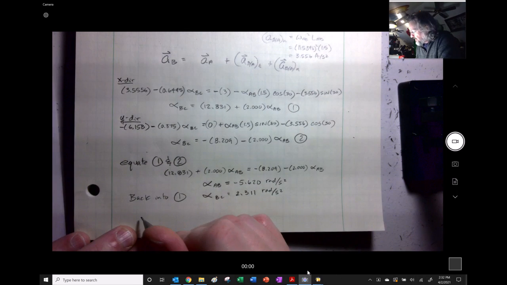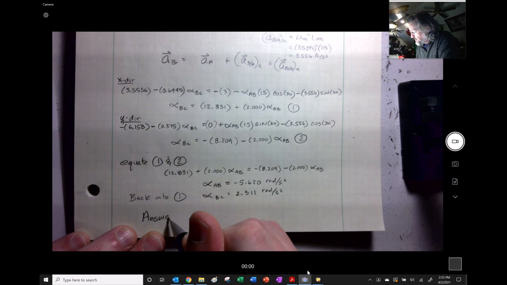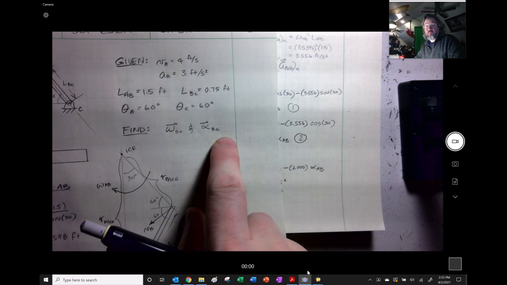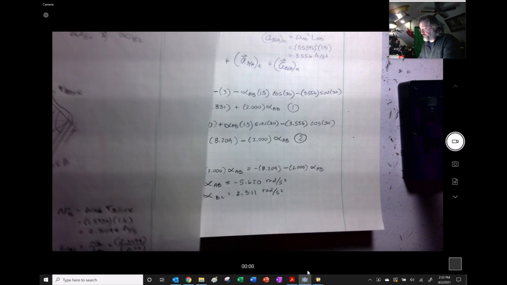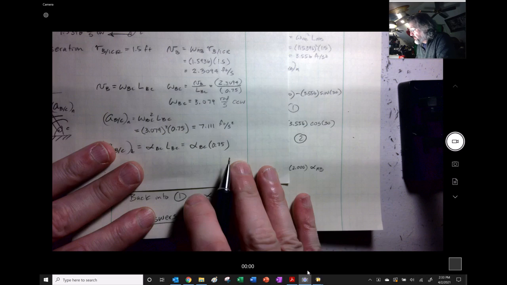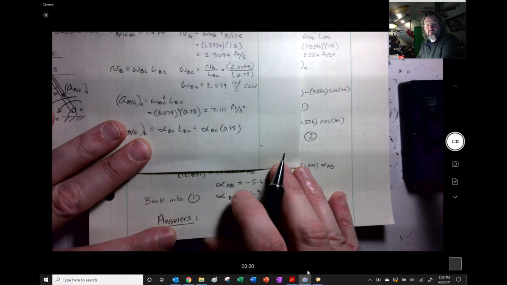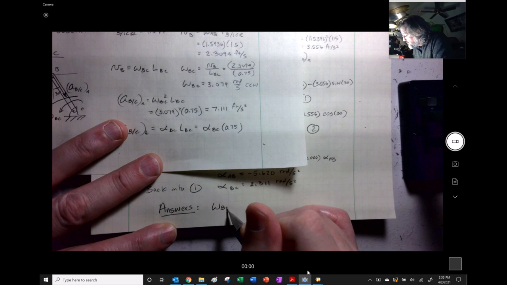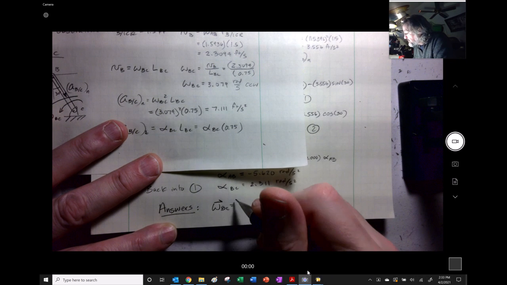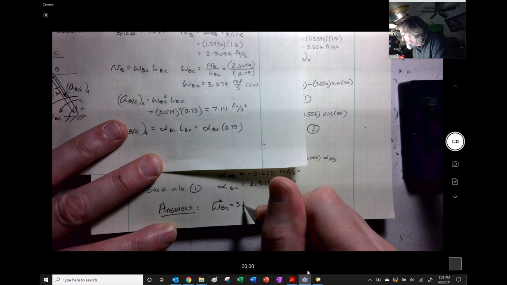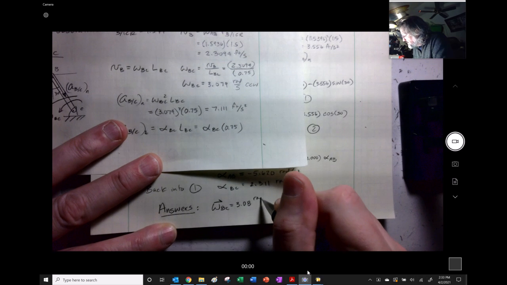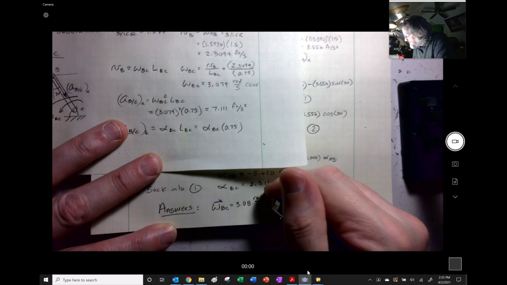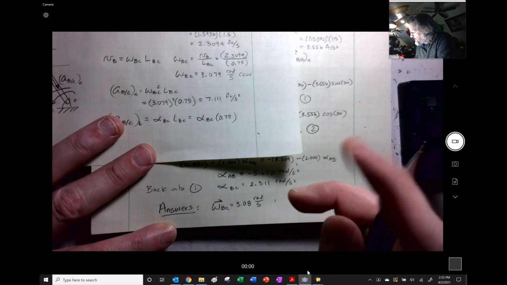So now we're going to say answers, because the question, as you recall, was omega BC and alpha BC. So for omega BC, and let's make it a vector, 3.08 radians per second counterclockwise. And I could do this with an arrow, or I could say counterclockwise.